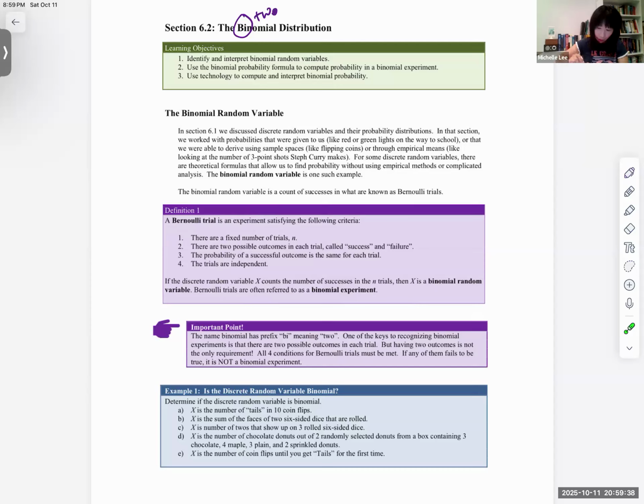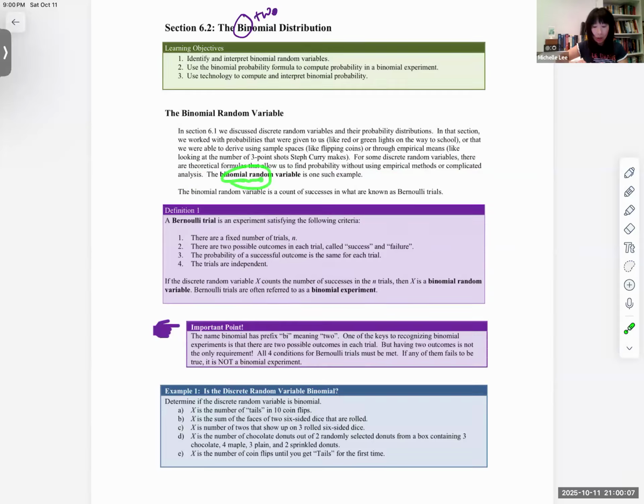So we have a discrete random variable from the previous section, right? They say that there are theoretical formulas that allow us to find probability without using empirical method or complicated analysis.